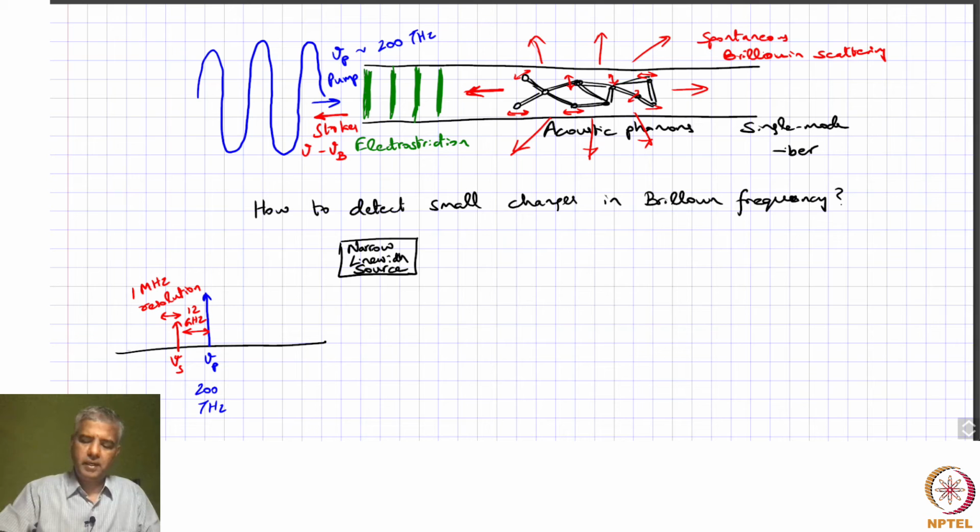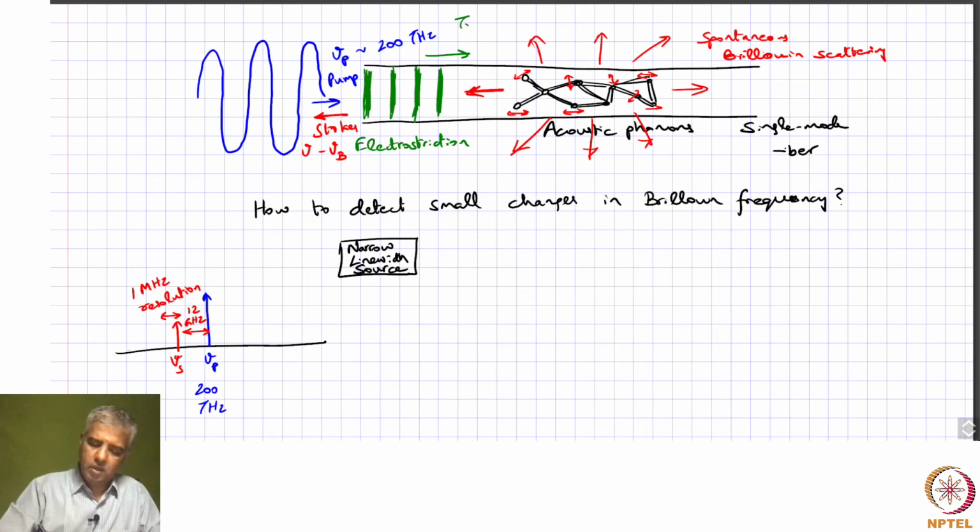This transient grating is actually moving because as the excitation wave is moving, let's say if you are sending a pulse of this light, as the pulse is moving, this grating is getting dragged along. Only where the pump is present is where this backscattering is happening, and that is where the grating is formed.